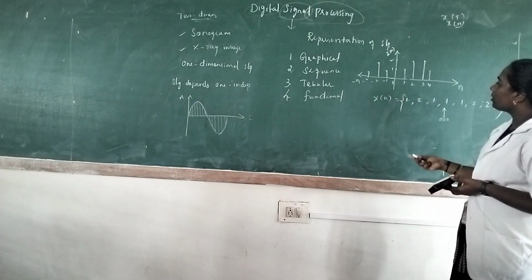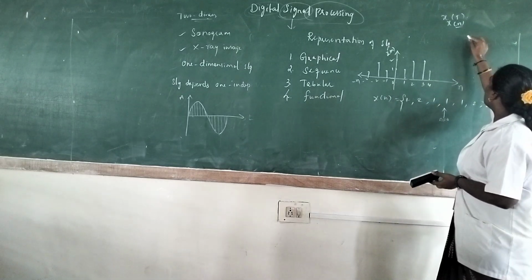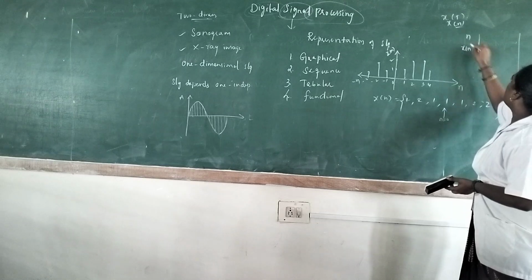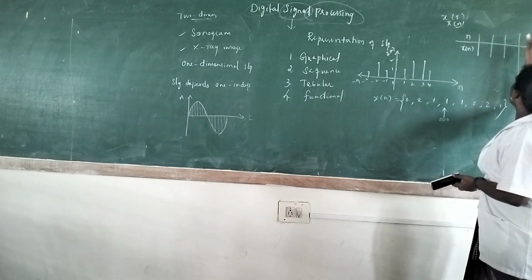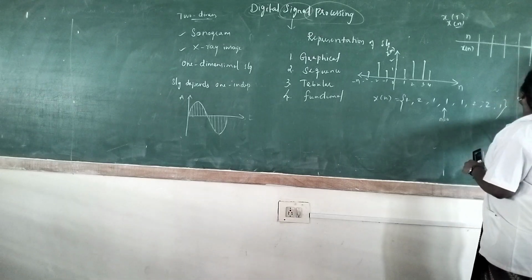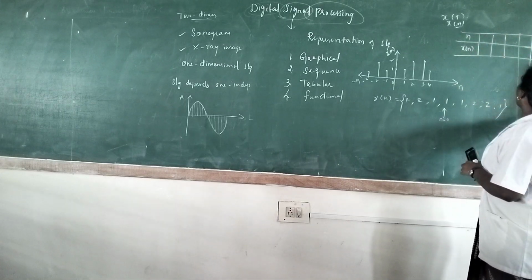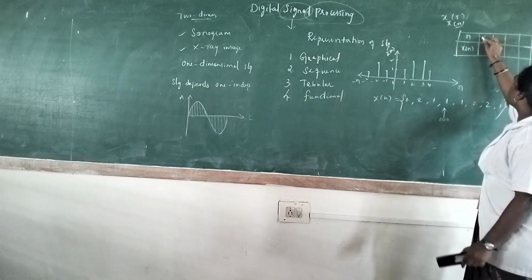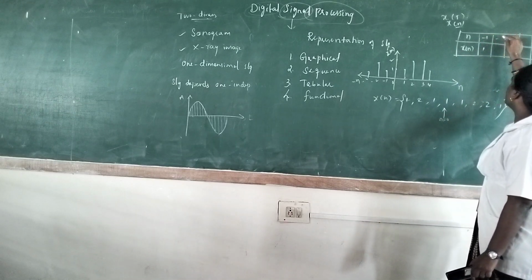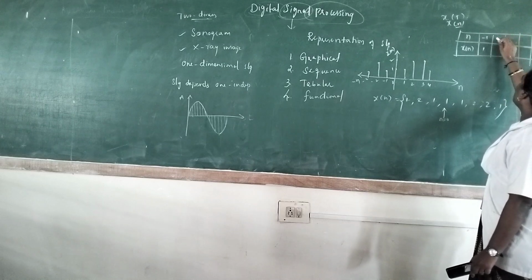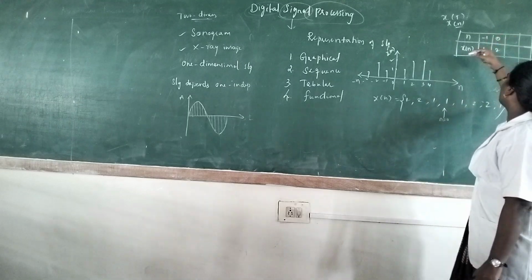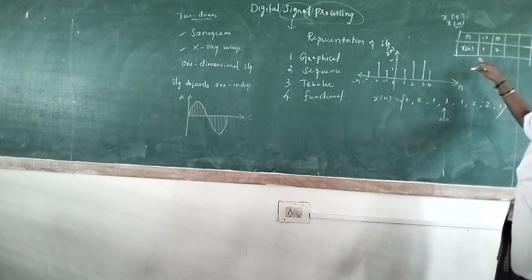And the next representation is tabular representation. So here you can see, if n is equal to minus 1, then the value is 1. If n is equal to 0, then the value is 2. I am just writing it, not comparing with this graph.